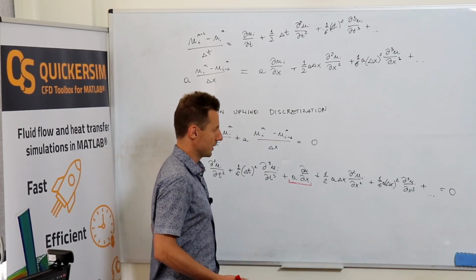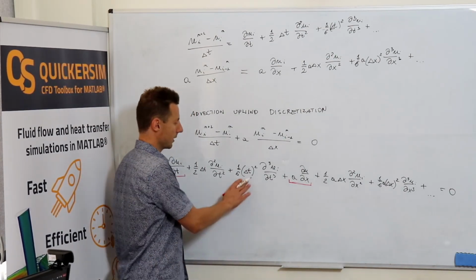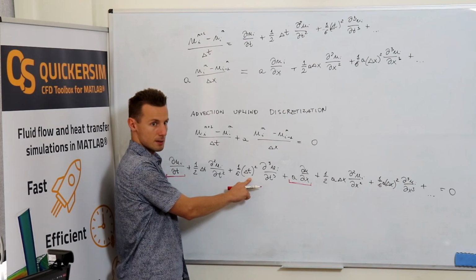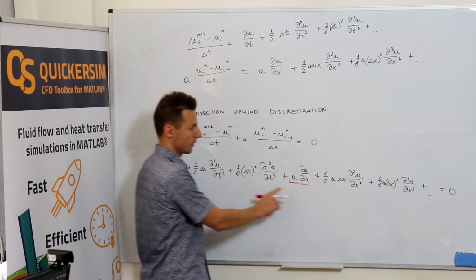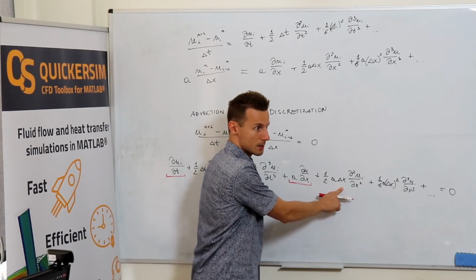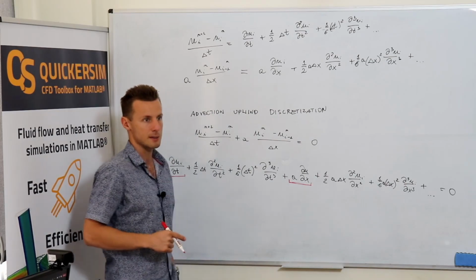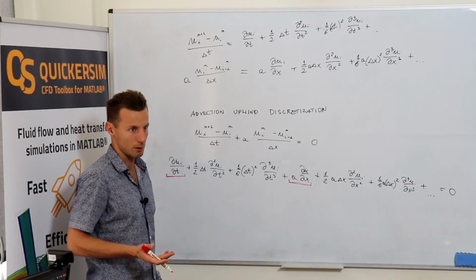The good news is that all the terms vanish if we go down with the time step size down to 0, if we go with the space discretization down to 0. So that's why our scheme is consistent with the equation. So that's the good information.